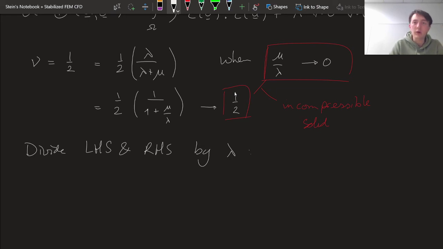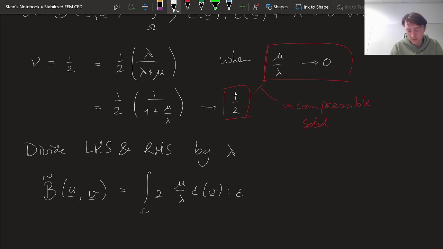Remember that we did something similar for the advection problem, where we divided by the maximum value of the advective field. It gives us a sort of normalized bilinear form as 2 times mu divided by lambda, plus the divergence of v times the divergence of u.